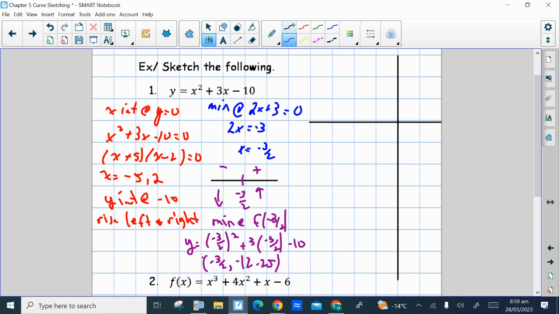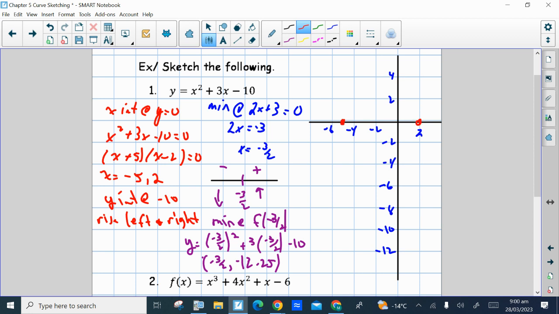So there's my axes. I'm going to put a scale on here of 2, so that I can graph. I've got x-intercepts at -5 and +2.